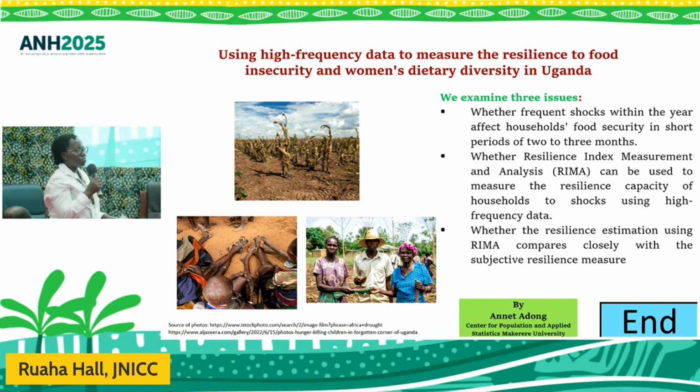So we have these three pictures: a stressful scenario, households in hunger, but then households whose yields increased because of being adapted to the shock. So in this instance, we want to see the concept of resilience has been very difficult, no consensus on its measurement, on the how and the why, but now we use high frequency data to try to use the RIMA analysis.